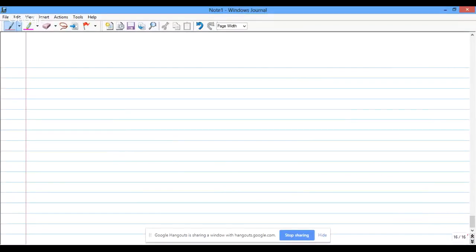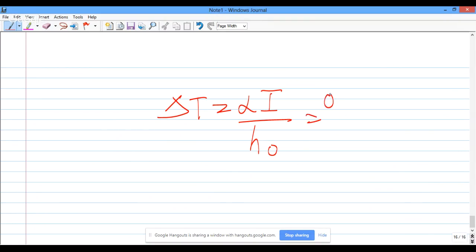So the sol-air excess temperature is given by alpha I divided by H naught, which is 0.4 into 150 divided by 12.5. This is about 4.8, somewhere around 4.8 degree, right?